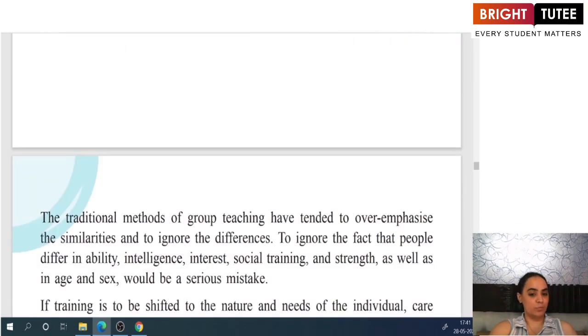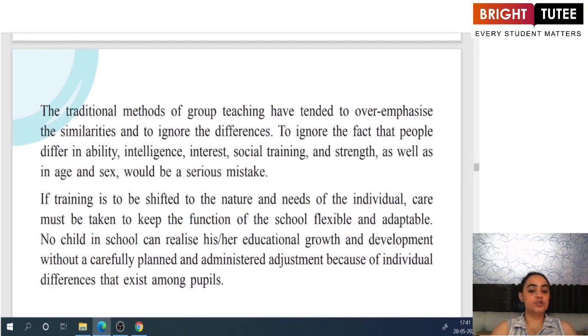Now, there were traditional methods in teaching methodology where a lot of emphasis and stress was given on how similar the people were, but the differences were ignored.